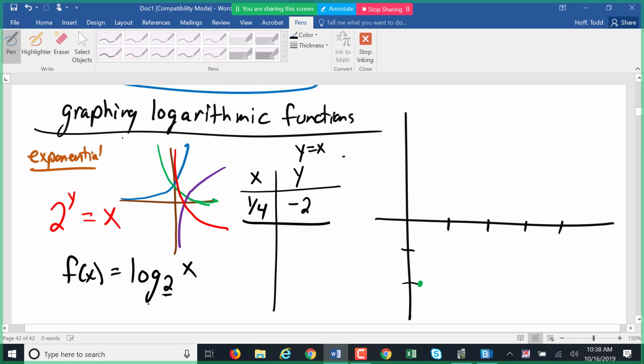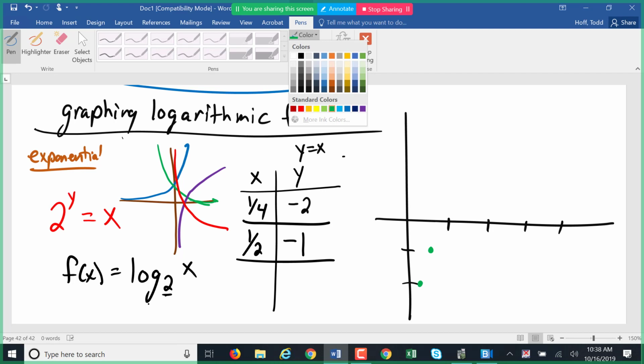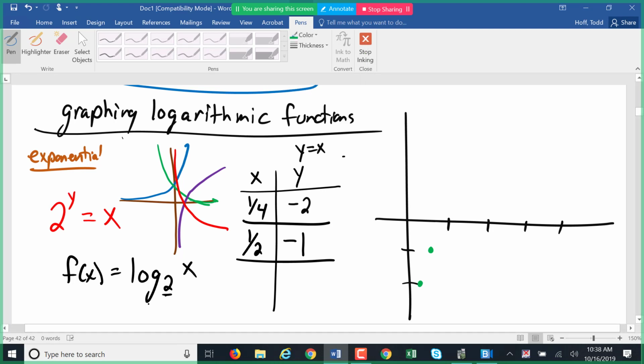Now I chose the 1/4 because I knew 4 was a power of 2. So I'm going to choose 1/2 because I know 2 is also a power of 2. 1/2 is 2 to the power of -1. So if x is 1/2, y is -1. This next one's always kind of a give me.